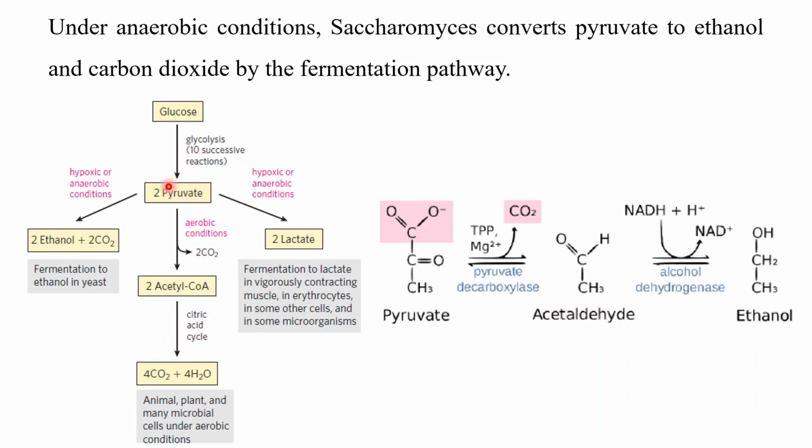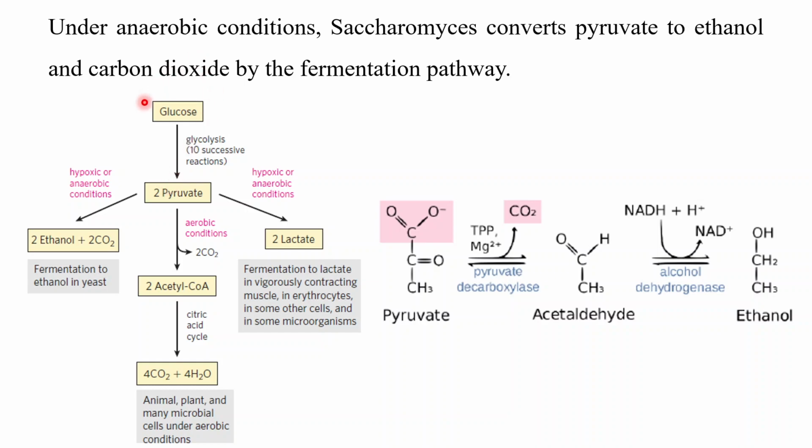From pyruvate, now see, the ultimate goal of our body is to completely degrade the food that we are eating to the minimum possible size. So basically, however much it can break, if it can break till CO2, it will keep on breaking it till CO2.